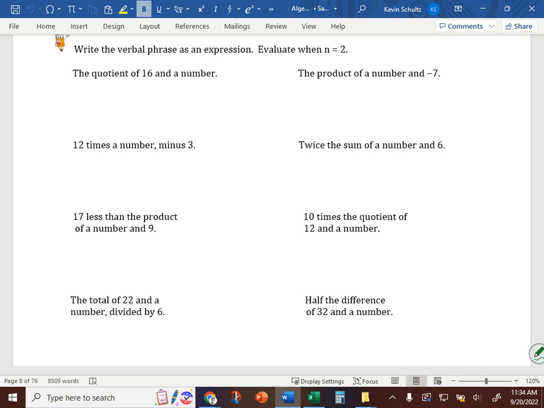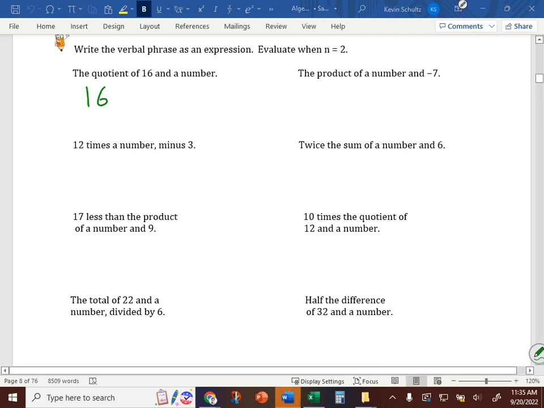The quotient of 16 and a number. First of all, what operation is this? Sophie, division. And what are we dividing? What comes first? 16 divided by the number or the number divided by 16? Because with division, order matters here also. 16 divided by n.